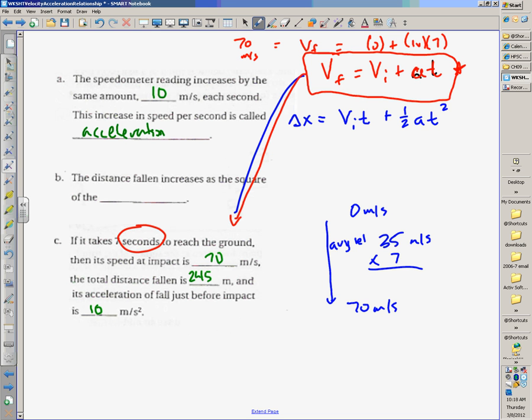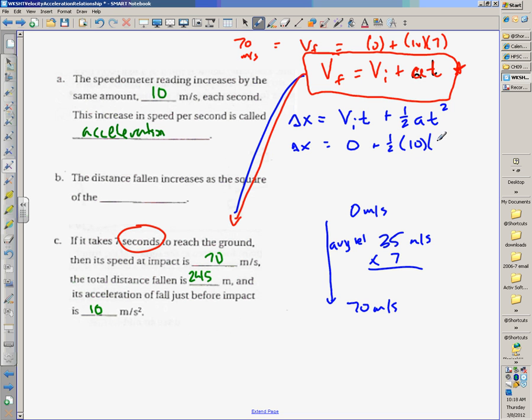Okay? For the next one, the blue one, delta x means we're trying to figure out how far it's gone. What was the initial velocity of that trip? 0. So what happens to this whole term now? If we multiply 0 times any time that goes by, we're still going to get 0. Plus 1/2 times a. What did we establish is the acceleration? 10.